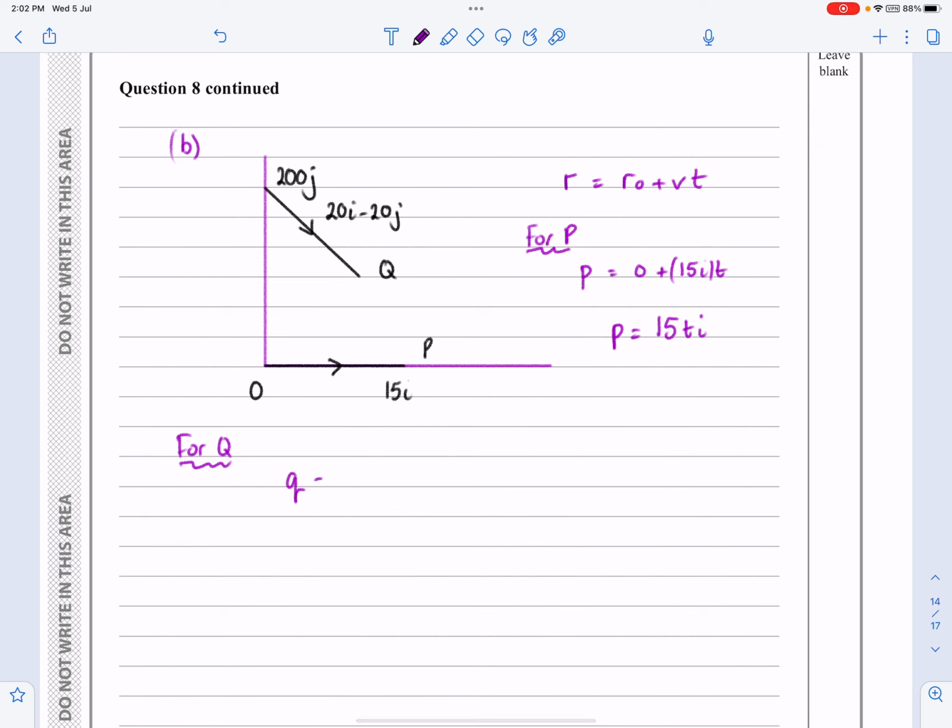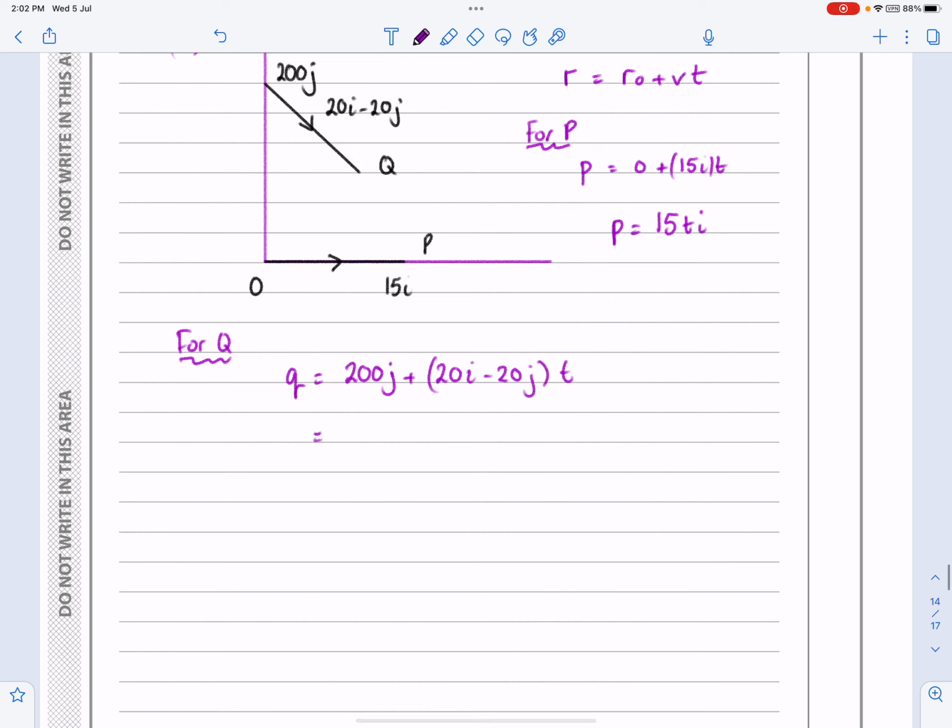I'm going to get q equals r0, which is my 200j where we start from, and the velocity this time is 20i minus 20j, all times t. Let's tidy that up, being careful. So I've got 20ti, and with j's, I've got 200 minus 20t j.